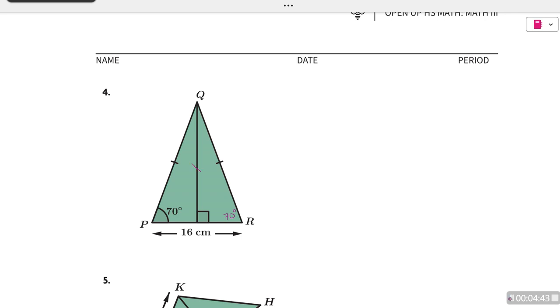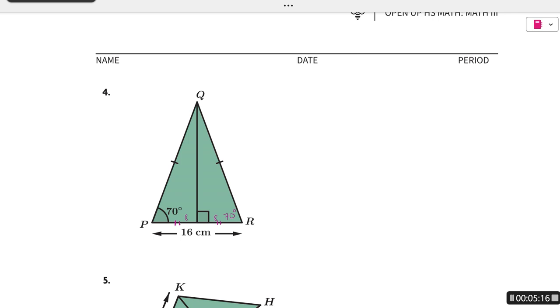We have this reflexive side in the middle, and another 90-degree angle, so it could be angle, angle, side, or a few different ones we could use to determine that these are two congruent triangles. Since they're congruent, this side length and this side length must be equal. Well, we know there's 16 total, which means each one is 8.